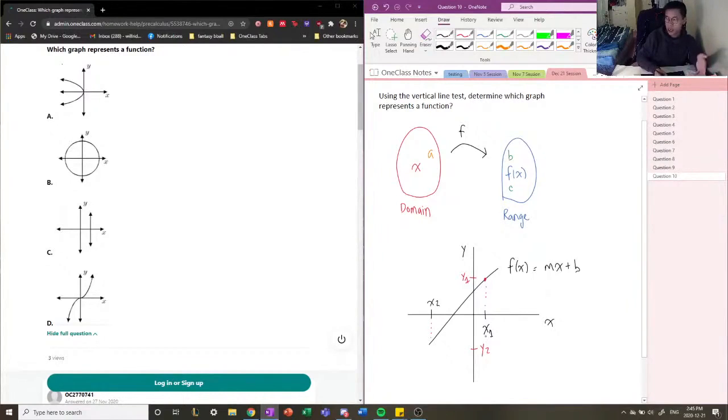If it did, it would not be a function. This is where the vertical line test comes in, because it's a very simple test to evaluate whether or not your function is legitimate. For the vertical line test, you take a line that is parallel to the y-axis, and you put it through your graph. If it only cuts through your graph once, then your graph is a legitimate function.